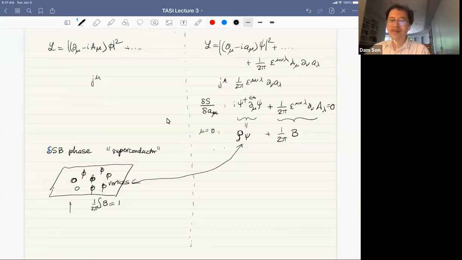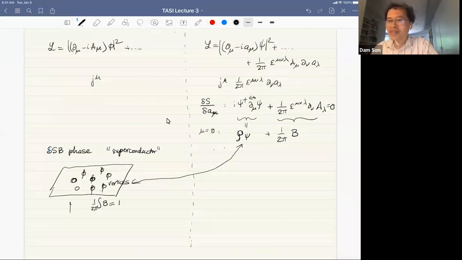This vortex is basically psi, because the number of psi is the number of magnetic flux quanta. That's why the map is called particle-vortex duality. The vortex on one side is a particle on the other side.